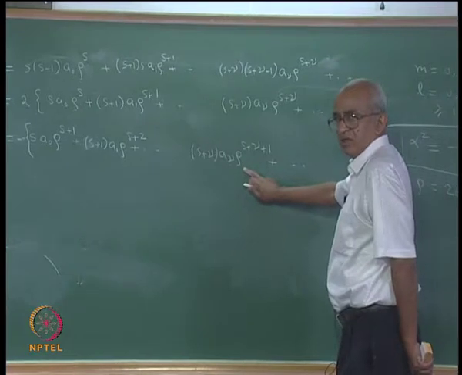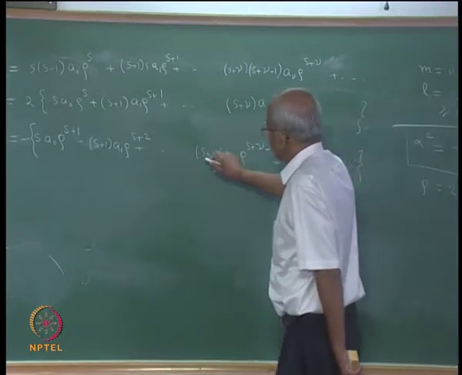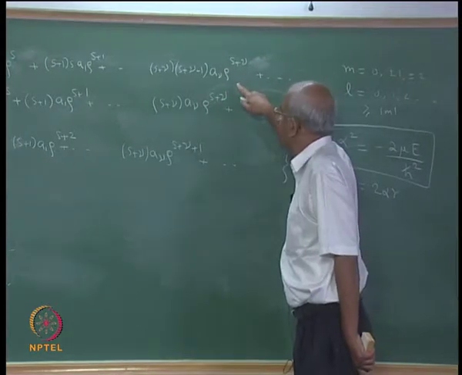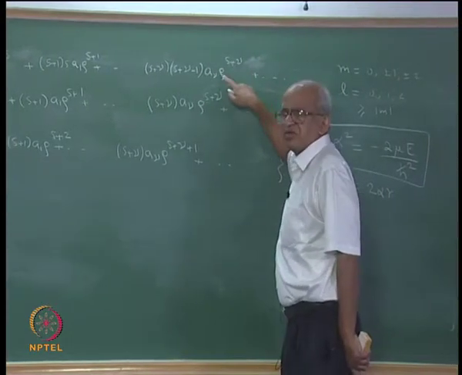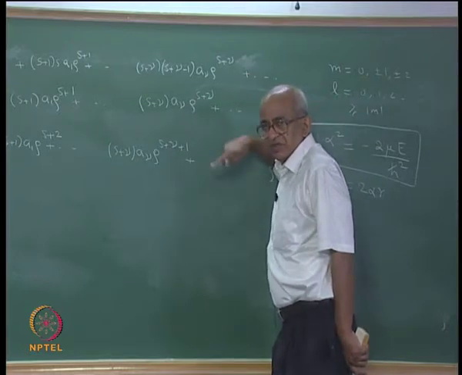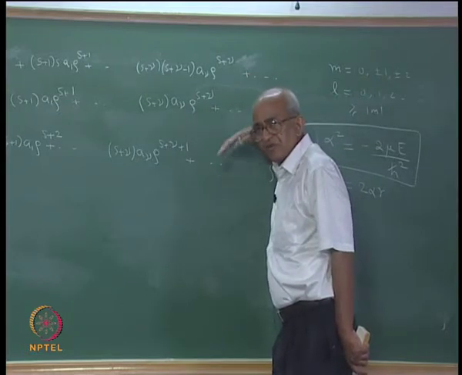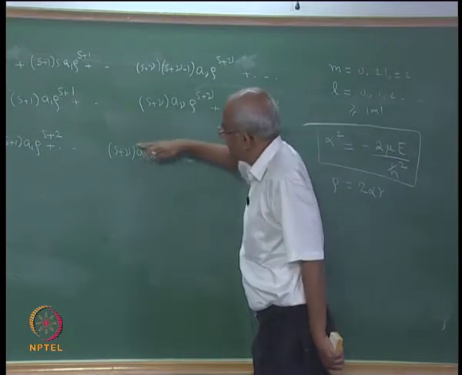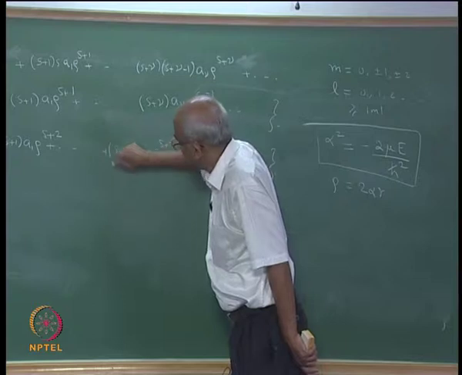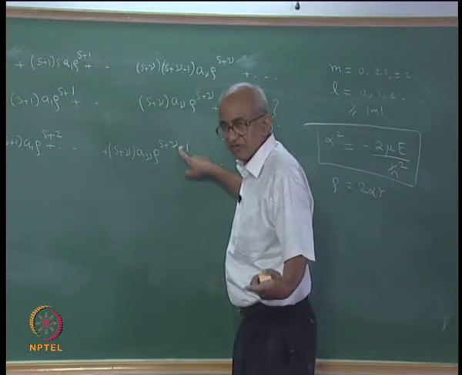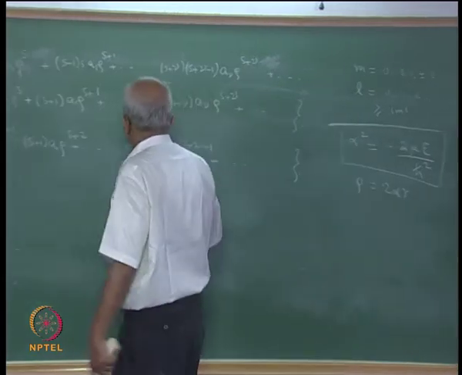Right. And if this is the way it is, because eventually what I will do is I will look for coefficients of rho to the power of s plus nu, that is what I am going to do eventually, and then I will say that that coefficient should be equal to 0. So, therefore, maybe what I should do is I should write one more term here which will contain rho to the power of s plus nu, because that is more convenient for me to write it straight away.